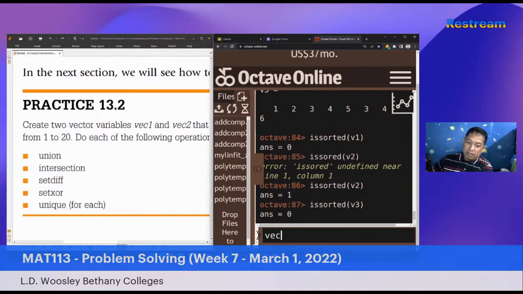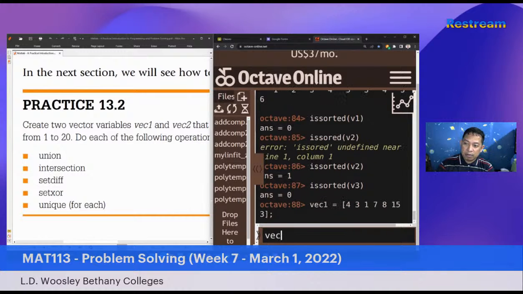Sige, let's continue here. In fact, I'm just looking at some of the board problems which we could solve. So 7 numbers, randomly. Okay, this is 7. Then vec2.